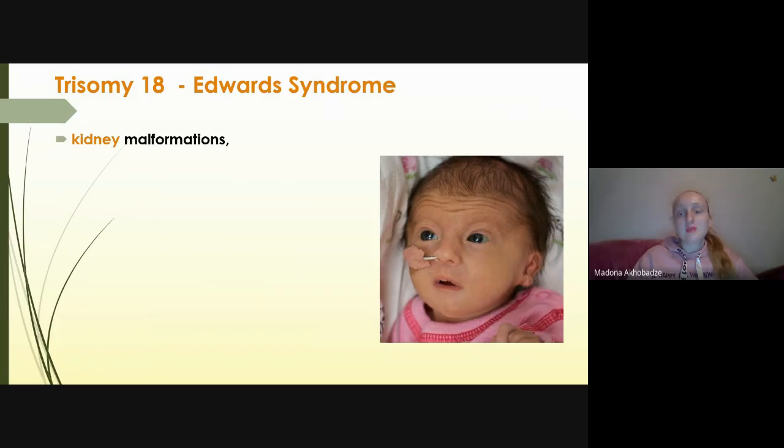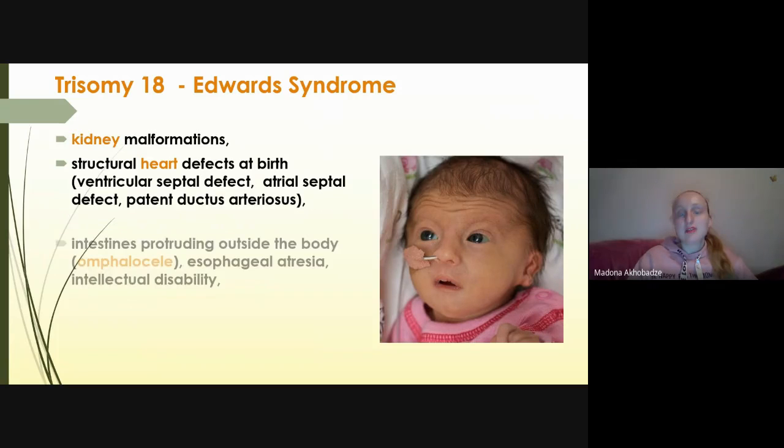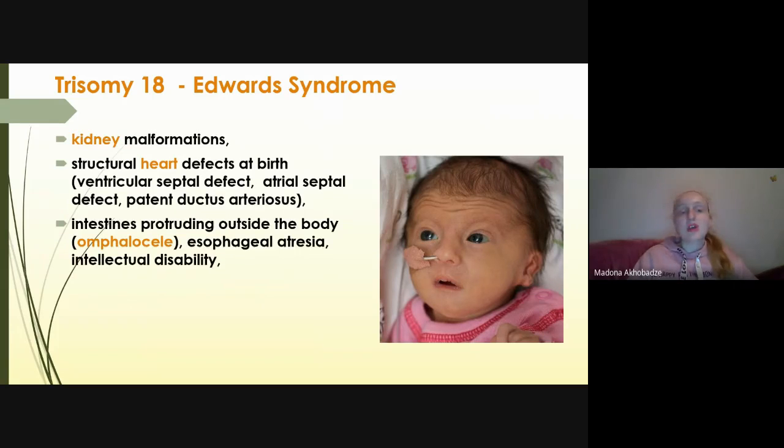They have kidney malformation, structural heart defects, like Down syndrome. They usually have the intestine protruding outside of the body. That is called omphalocele.